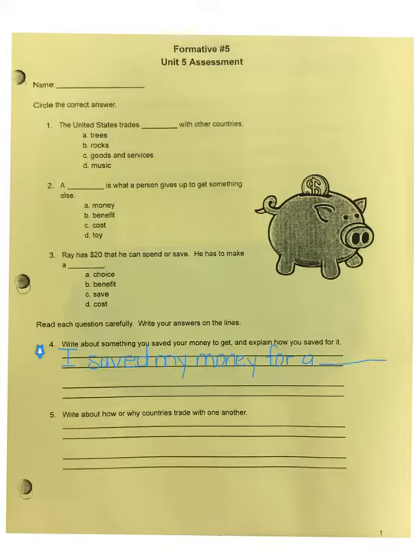And then tell me how you saved it. I saved it by blank. What did you do to save your money? Okay, go ahead and pause and write your sentences for number 4. When you have your sentences completed, then you can move on to number 5.